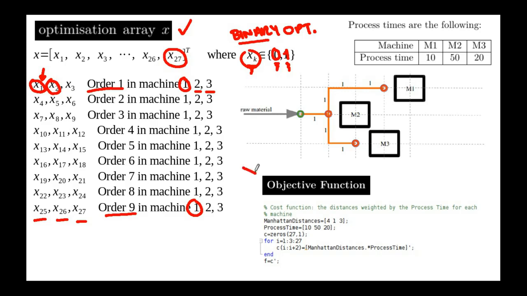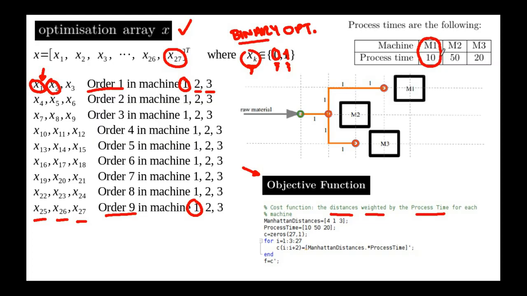Then what's the objective function according to this optimization array definition? The cost function, remember, is the distances weighted by the process time. So we will multiply every process time by the Manhattan distance.